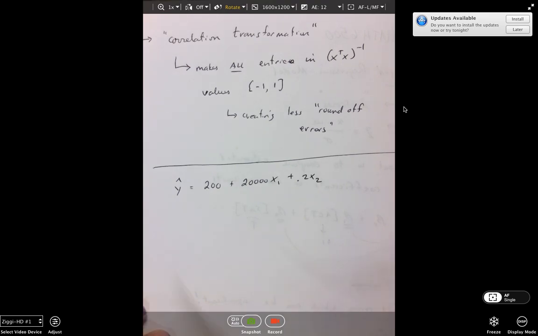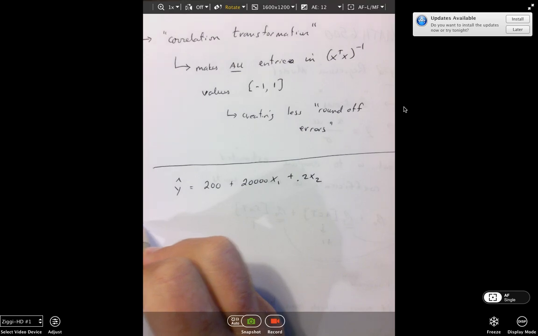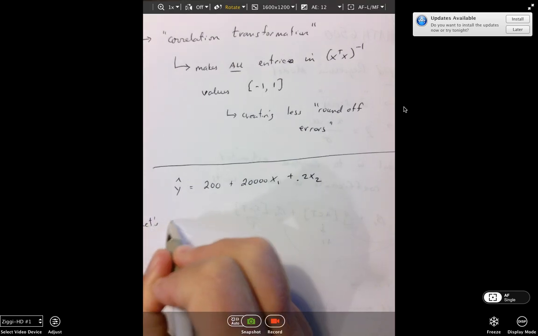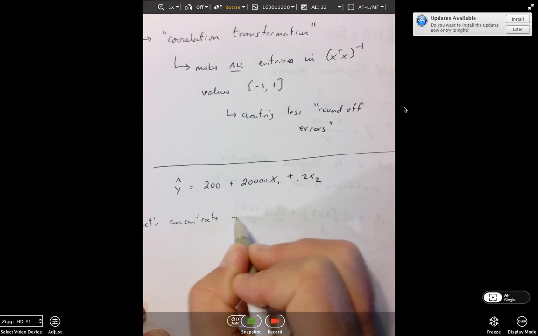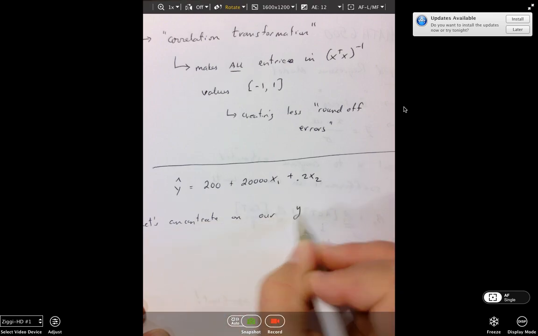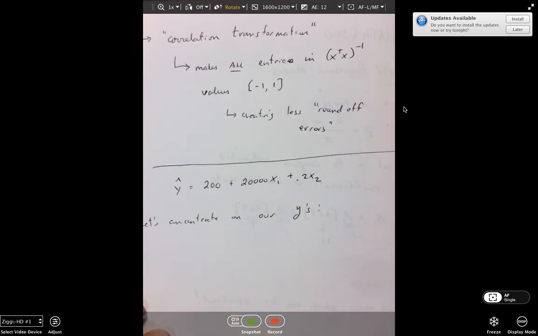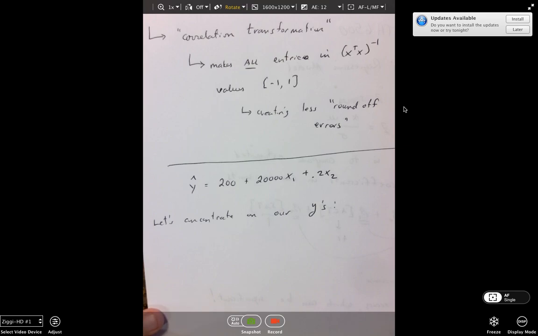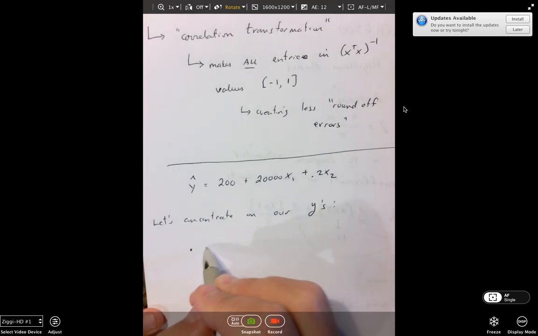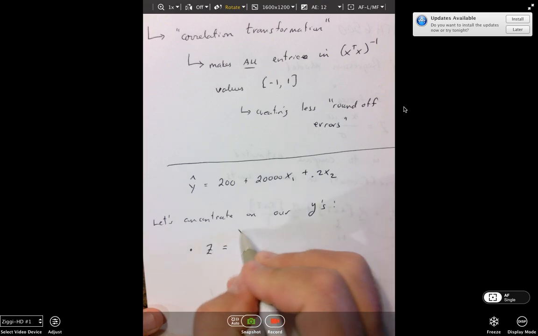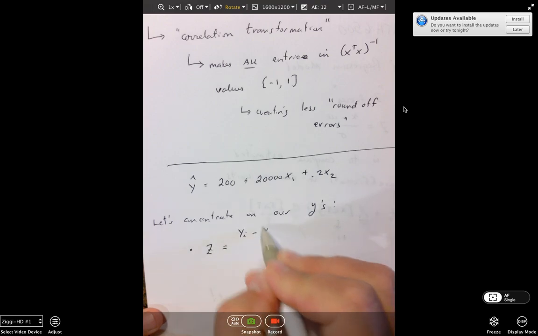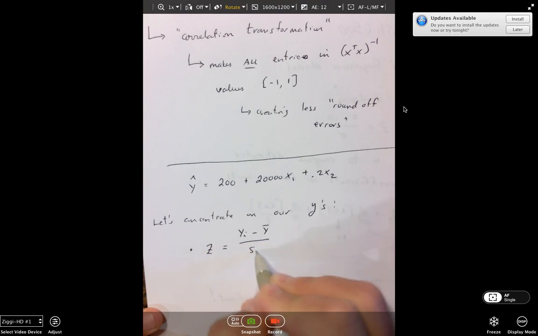All right, gang, so how do we do this? First of all, let's concentrate on our y's. To standardize our y's, we would just take each y sub i minus the mean divided by the standard deviation.